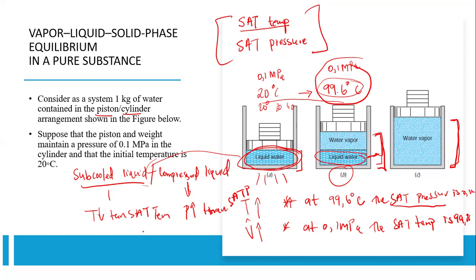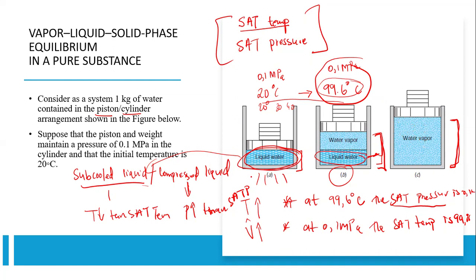Saturation temperature at given pressure, saturation pressure at given temperature. That's how we say this. Right. And then above 99.6, the fluid is water vapor, right? Or we can even say it's a dry saturated vapor. I'll explain that later on.